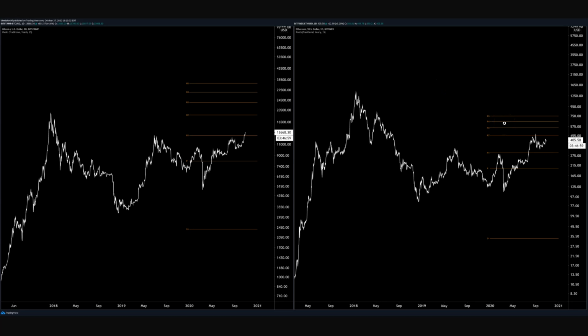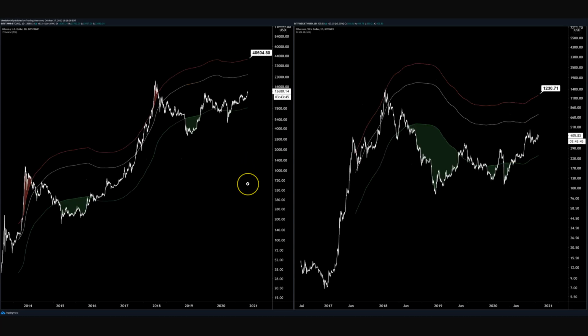R5 for ETH, 750. If you look at the MA multipliers, this is the 2-year and 5x, that is 41K already. And that'll continue to slowly increase because it's dynamic. If we look at ETH, the 1-year MA multiplier is at 1230 with an N of 2, predicting the highs. The lows have been sloppy and messy, not the best.